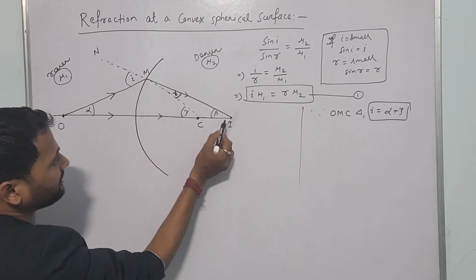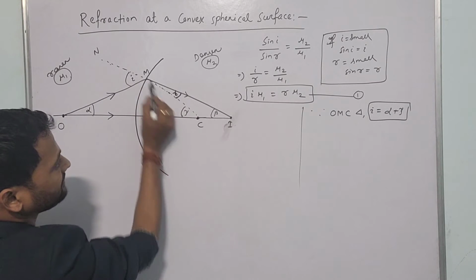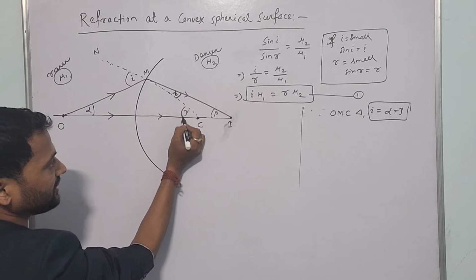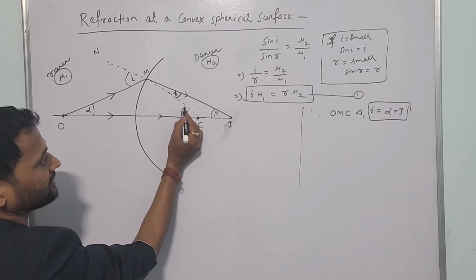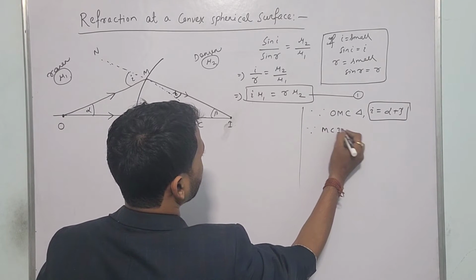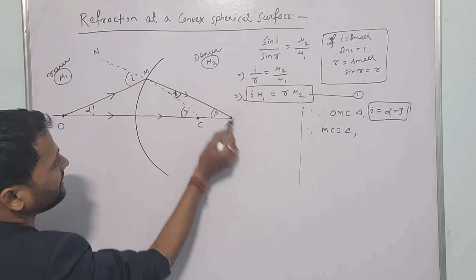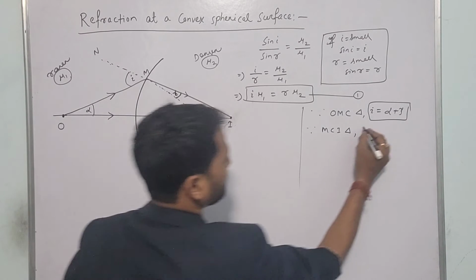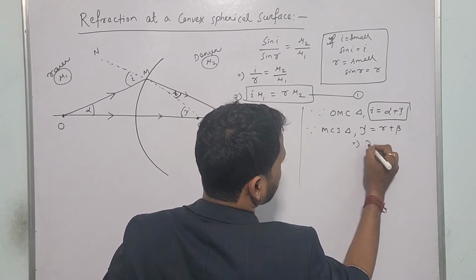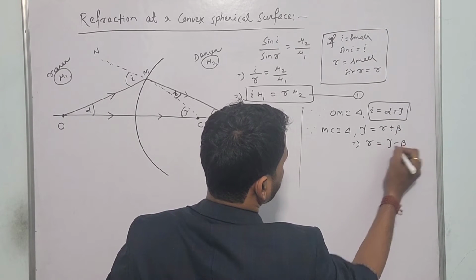Similarly, if I consider this triangle MCI, exterior angle is gamma, interior angles are r and beta. So exterior angle will be equal to the sum of two interior angles. That means in triangle MCI, gamma will be equal to r plus beta. So r will be gamma minus beta.